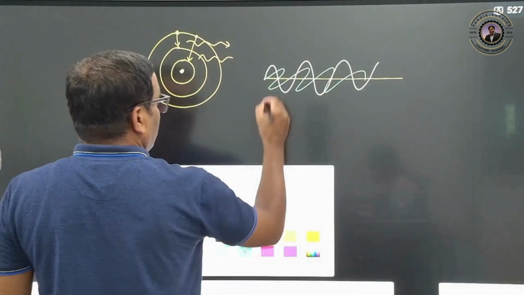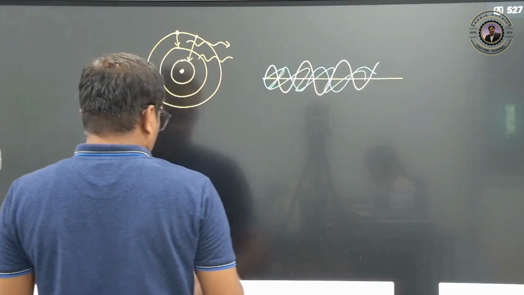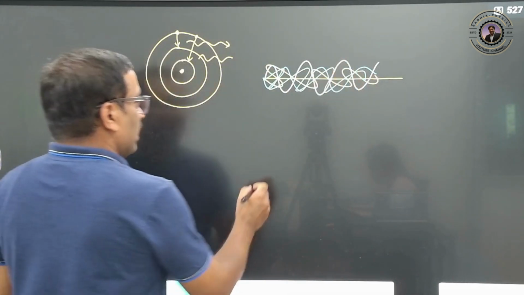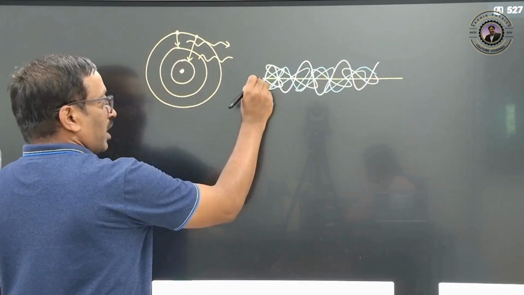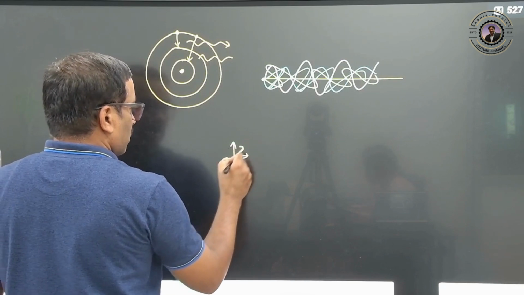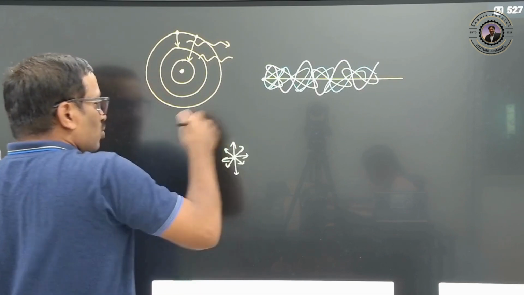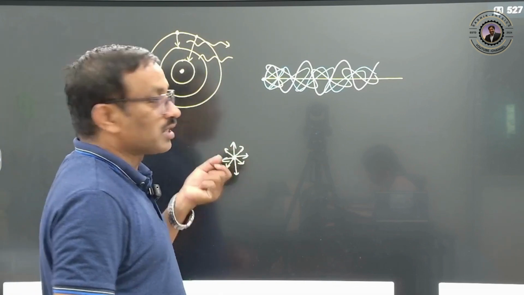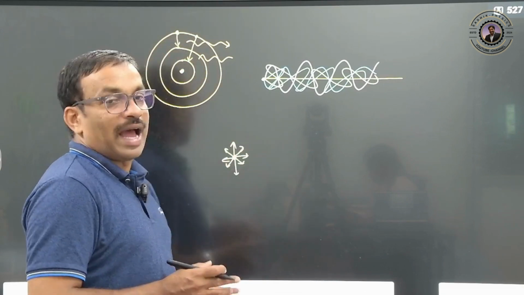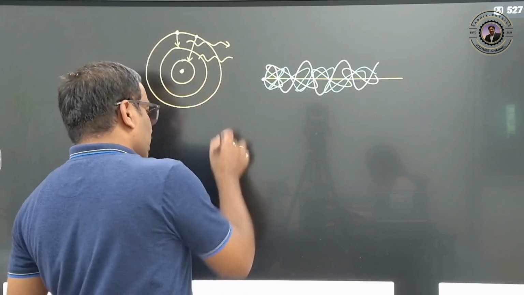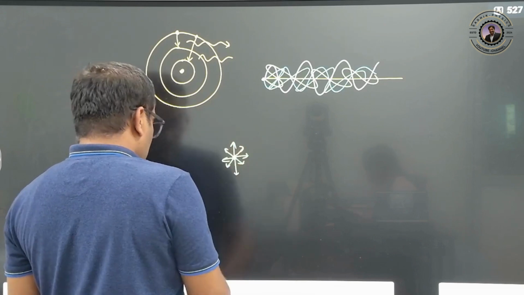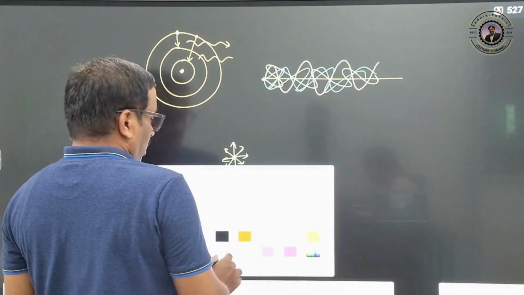Another wave will be in this direction, and maybe another one like this. Therefore it has all possible directions. Suppose you take one point: it has a wave along this direction, along this direction, along this one, all superposed, different waves. Where are they coming from? Different transitions of this atom. This whole summation gives us unpolarized light. That means the electromagnetic wave has almost all possible directions of emission.